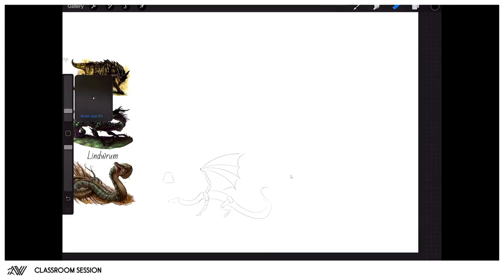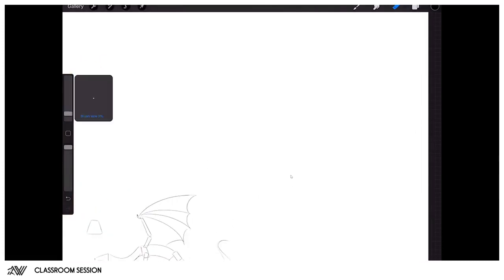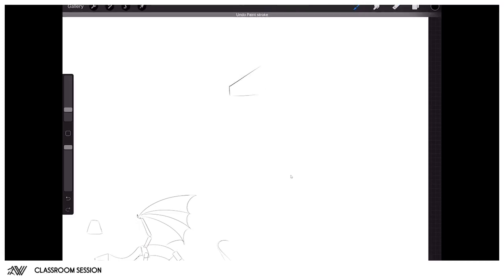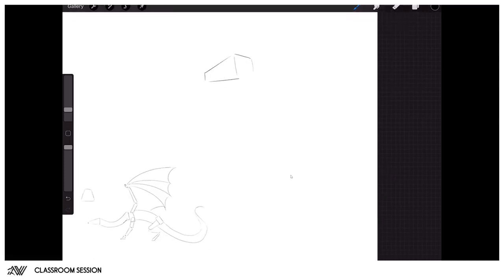So for instance, if you just want to draw a dragon head this week, which is already more than challenging, what you could do is maybe try to come up with an interesting pose or perspective for that dragon. Maybe something like this, so it's looking away from us, and then its neck is maybe coming towards us.